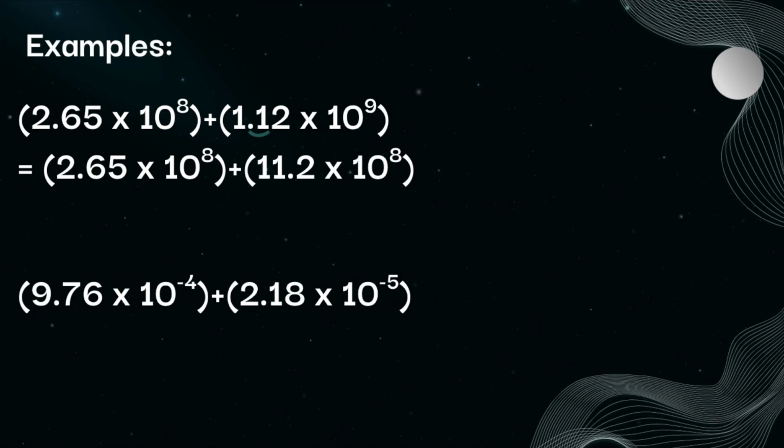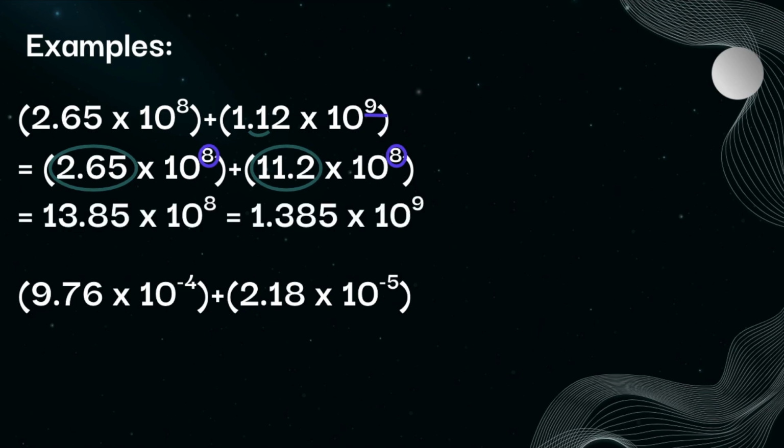If we add both coefficients, it gives us 13.85, and you know the exponent remains the same. But by now you remember that the number cannot be more than 10.